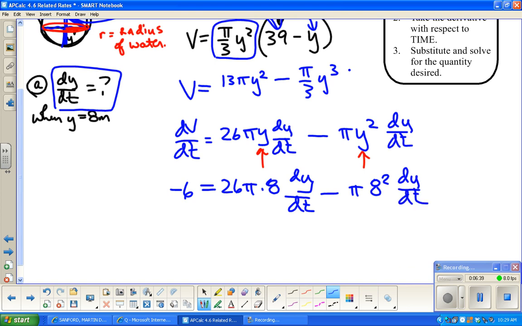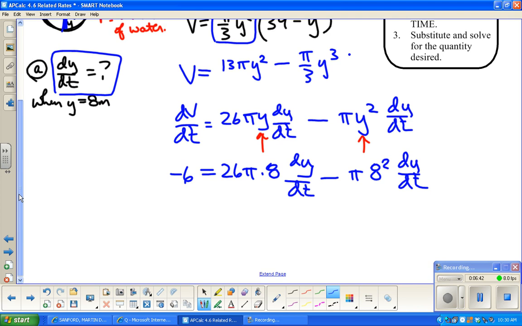And so I'm going to have to factor out this dy/dt at some point here, and I'm going to clean this up a little bit first. 26 times 8, 8 times 25, what is it? 208? Okay. Thank you. So 208 pi dy/dt minus, this is 64 pi.